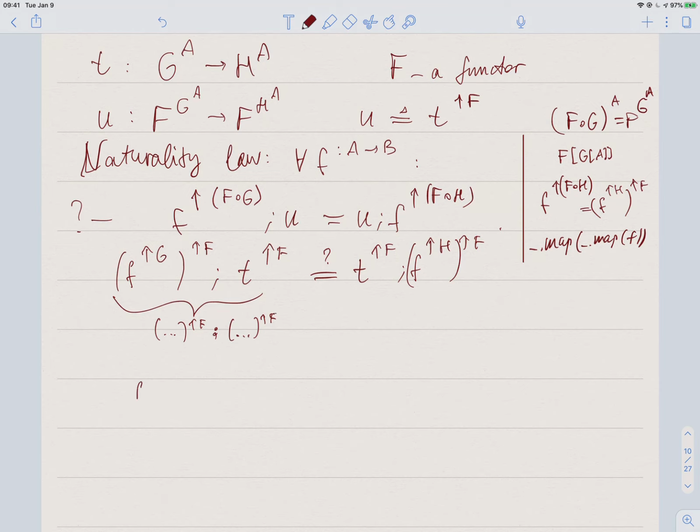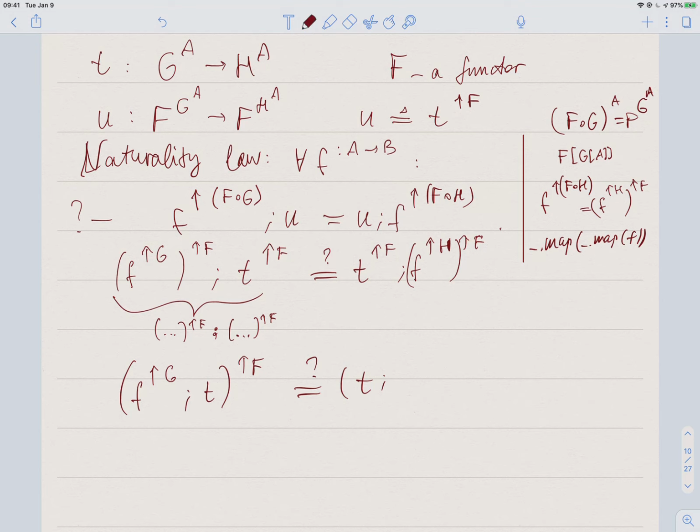So then I have done this, and the same I do on the right hand side. And now you see how helpful it is to write the type constructors that I'm lifting to. F and f, I see right away that I can pull the composition under the lifting.